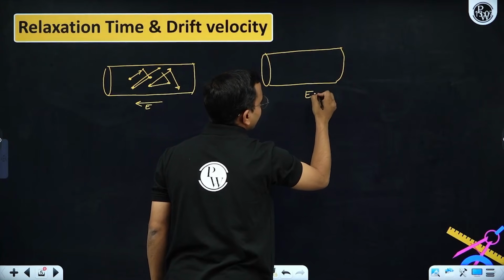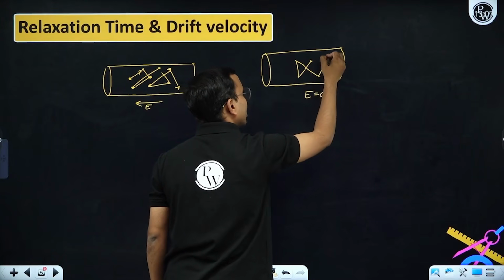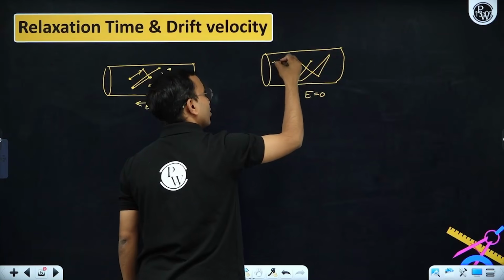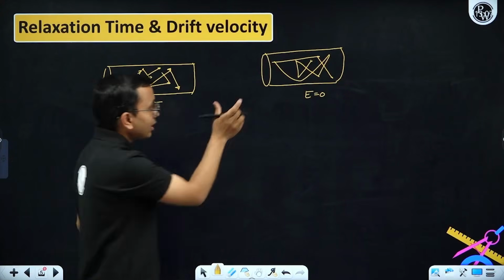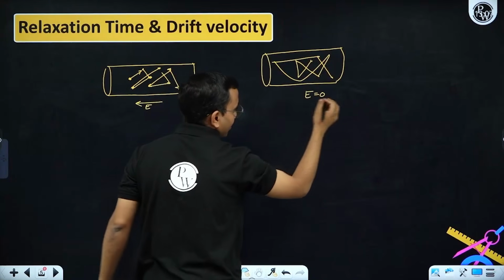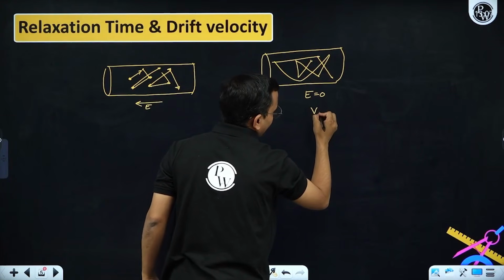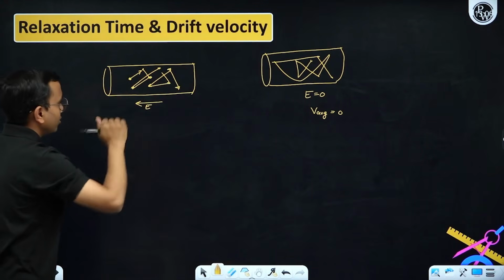If E is 0, then on an average the velocity is 0, since it moves randomly in all directions. But here the average velocity is not 0.